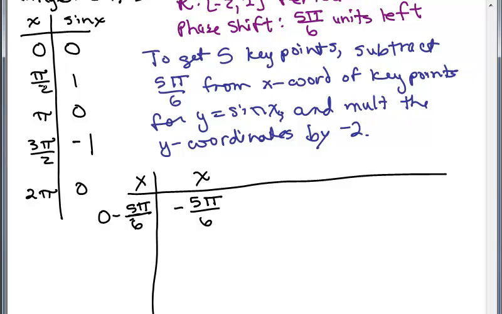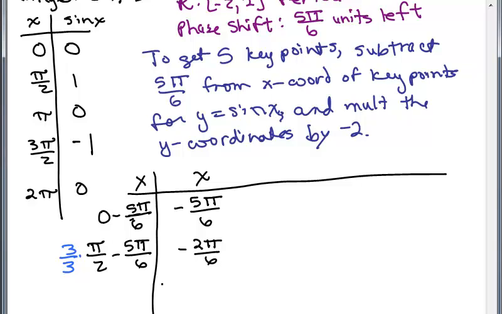Then I take my second x-coordinate, pi over 2, and I also subtract 5 pi over 6. Now here's where we have to get a common denominator. So this will be 3 over 3. That gives me 3 pi minus 5 pi, which is negative 2 pi over 6.